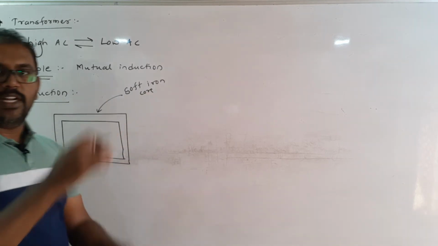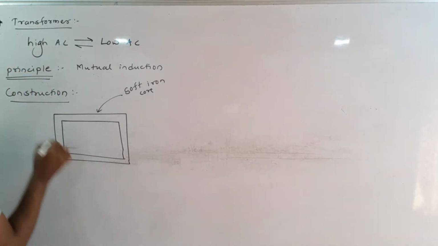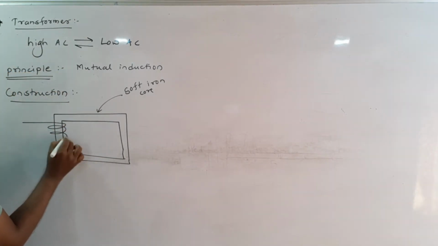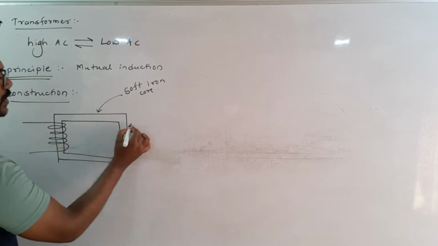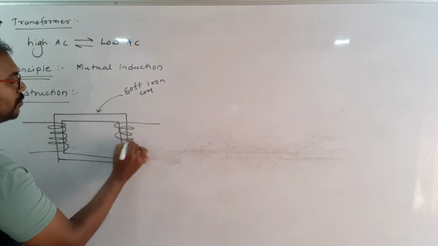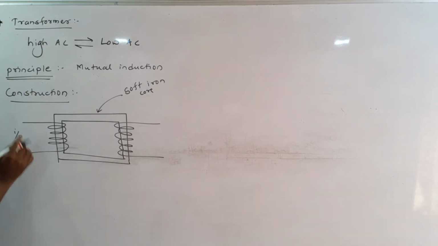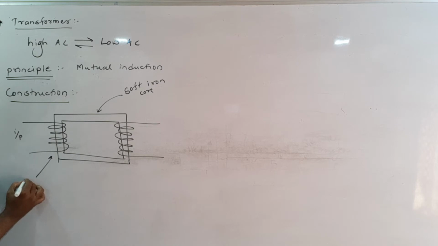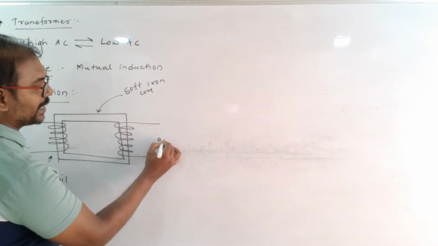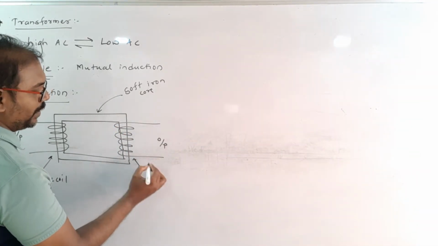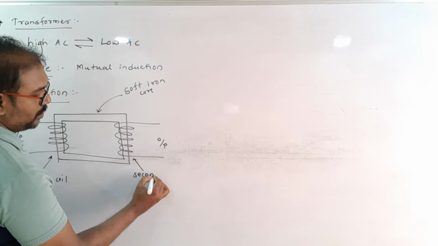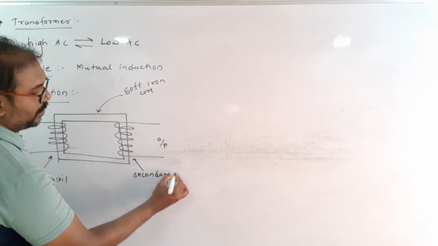Then insulated copper wire is wound on its two opposite arms. The coil at which input is given is called the primary coil, and the coil at which output is taken is called the secondary coil.